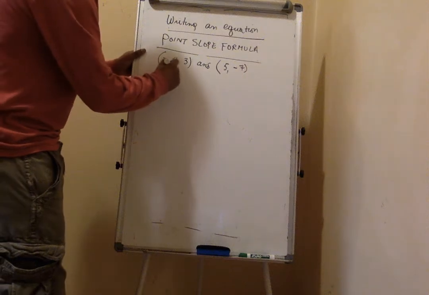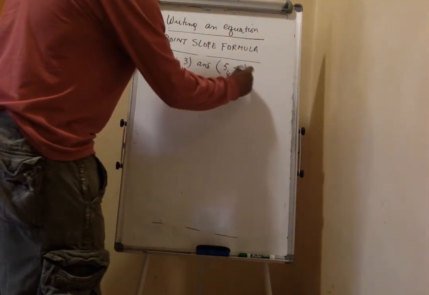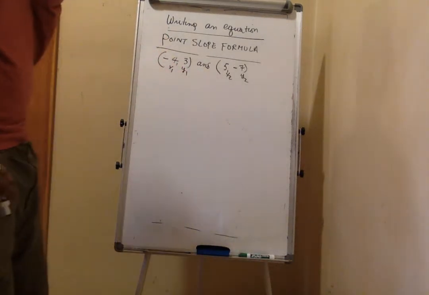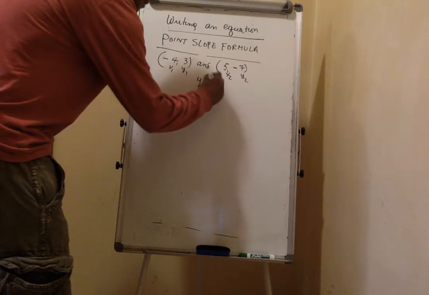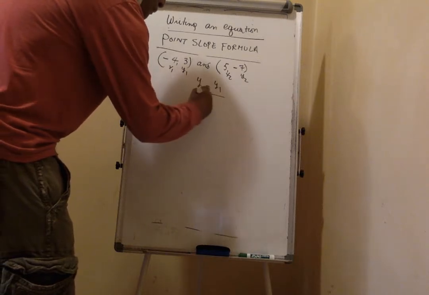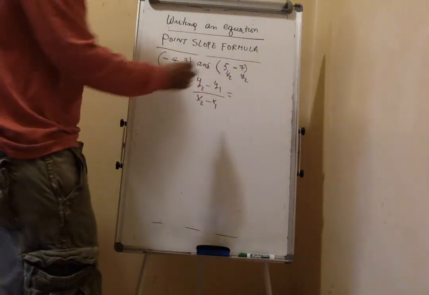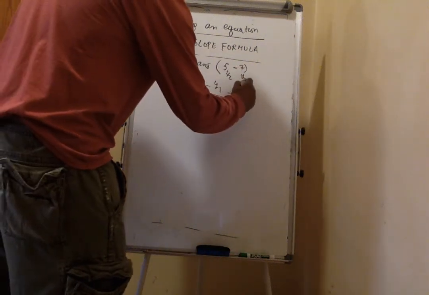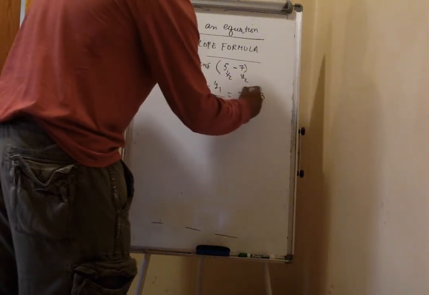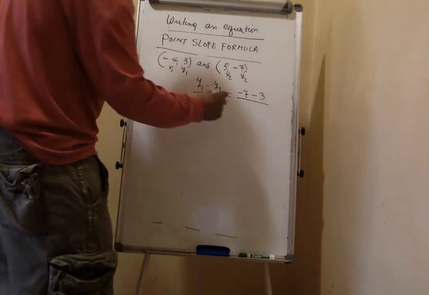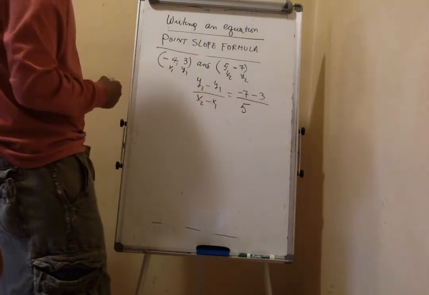So this is x1, y1, x2, y2, like what you did last week. So y2 minus y1 over x2 minus x1 gives us the slope. Our y2 is -7, our y1 is 3, over x2 is 5, and our x1 is -4.